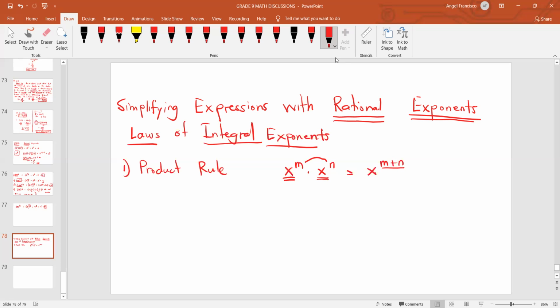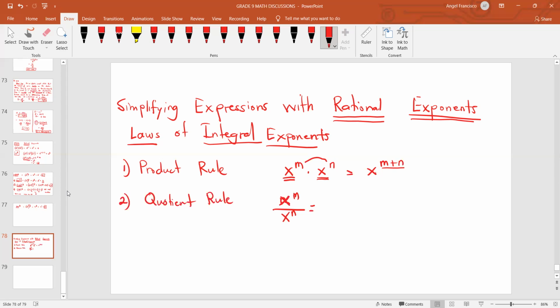Okay? Now, number 2, quotient rule. Let's say, for example, you have x to the m power over x to the n power. So what you're going to do is subtract the exponent.